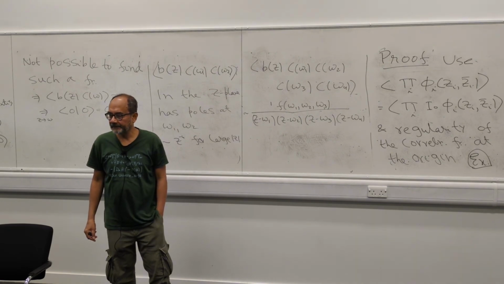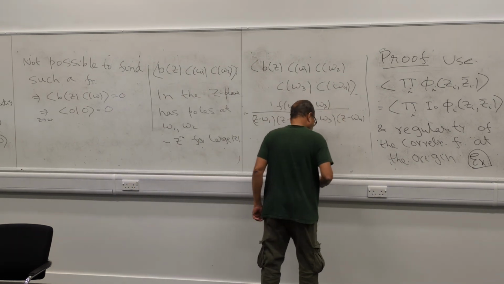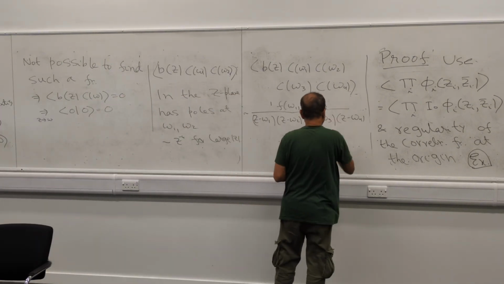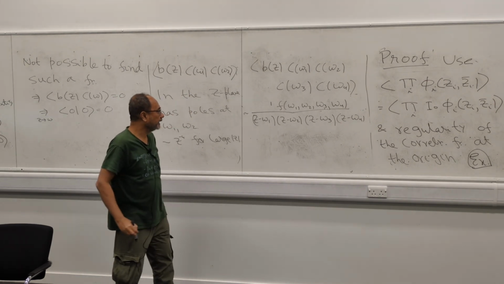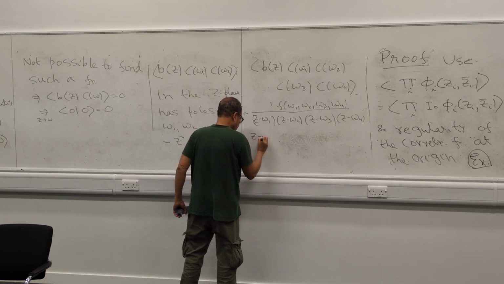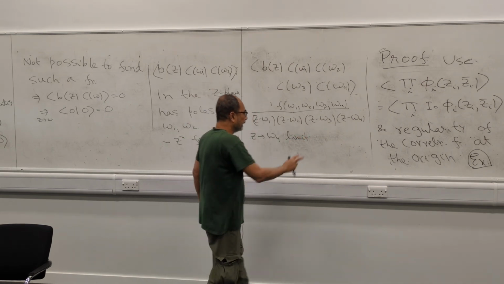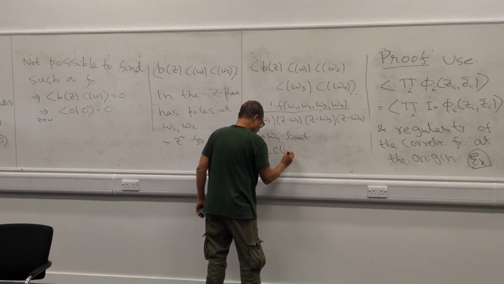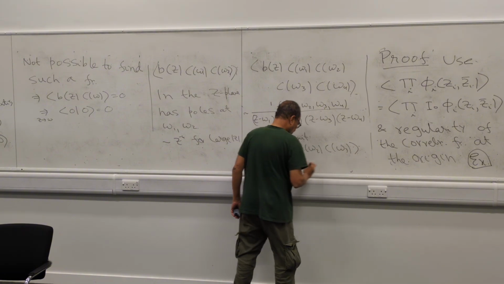Is this clear? Then taking the z goes to w4 limit, we will pick up the residue, and using that we can show that c(w1), c(w2), c(w3) can be non-zero.